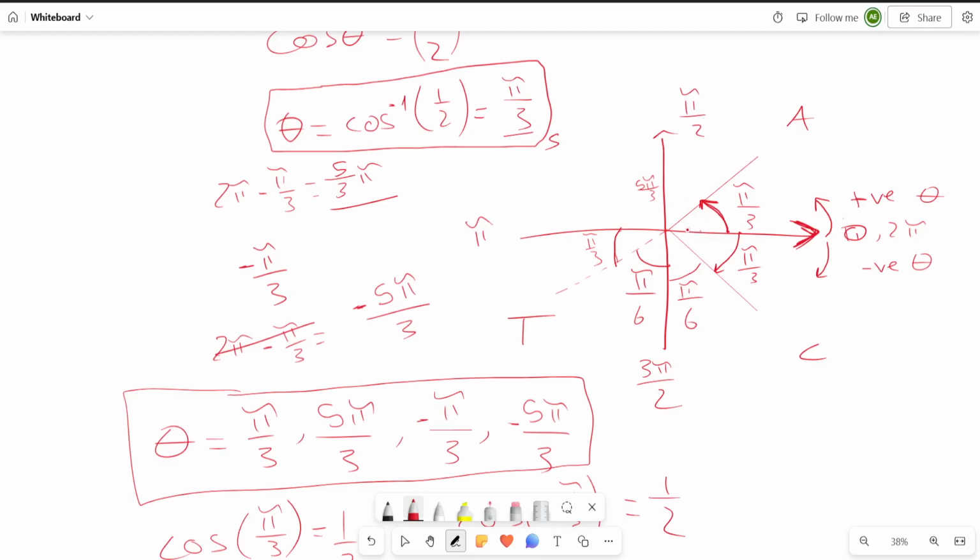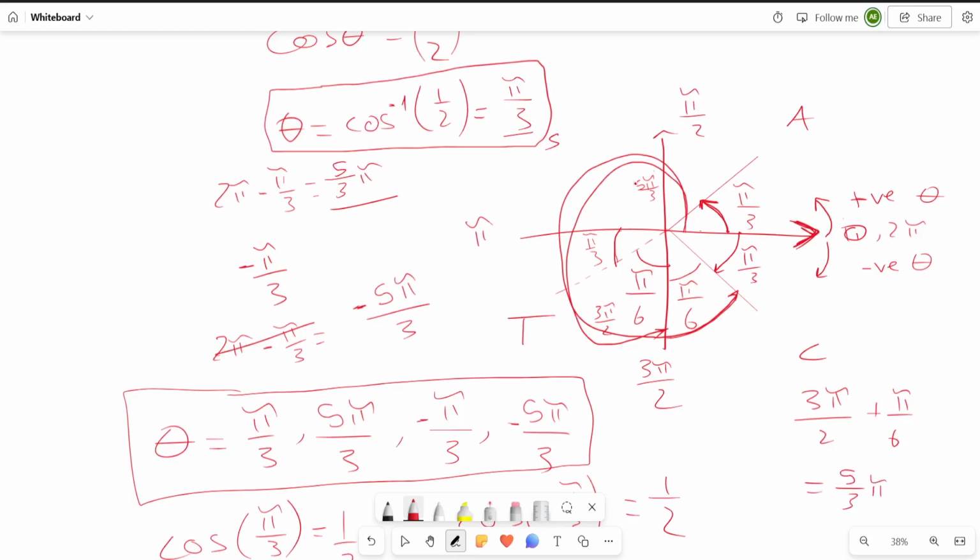So if I want my second solution, I will move all this way until I hit this part. All this way is basically either 2 pi minus this part, or you can think of it as from here until here is 3 pi over 2, and then we need to add a pi over 6. So 3 pi over 2 plus pi over 6 will give me 3 over 2 plus 1 over 6 pi, which is also 5 over 3 pi.